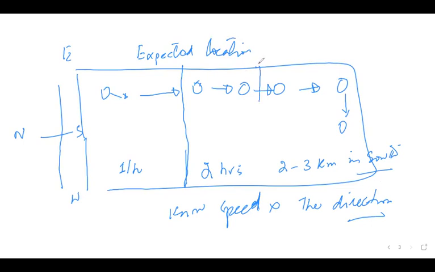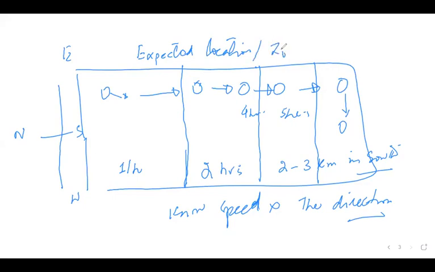Similarly, this is the expected location after 4 hours, and then 5 hours, and so on. So you can easily calculate the expected location based on the speed and direction of any node. So now moving toward the next phase.